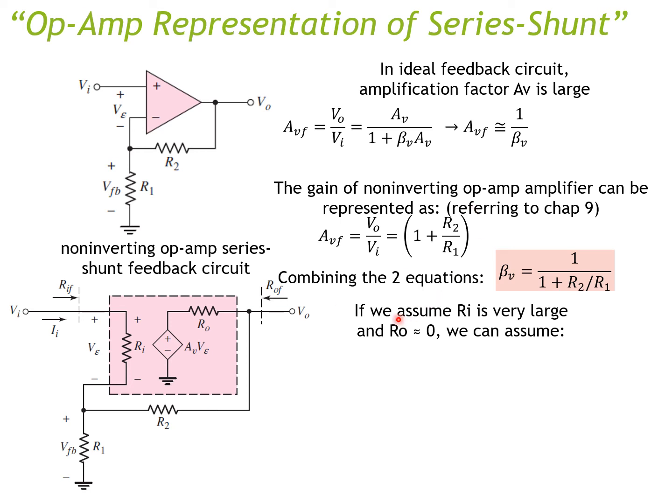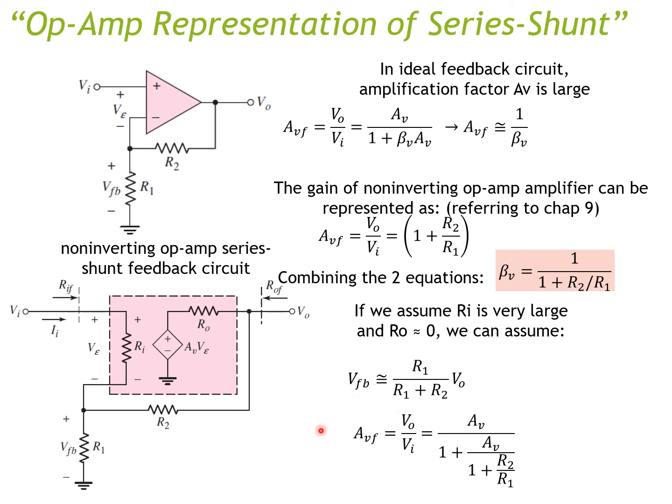If we assume that Ri is large and Ro is very small, this is the super ideal case, then our feedback voltage is going to be R1 over R1 plus R2 multiplied by VO.